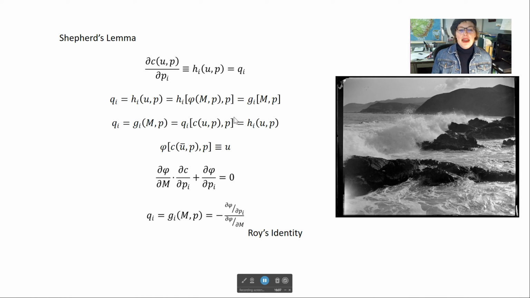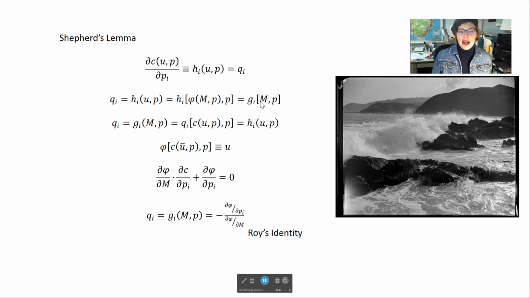Now, if we want to derive our demand in terms of prices and income, we take this partial of the cost function, which gives us QI, and substitute into this function the indirect utility function, which is a function of income and prices.